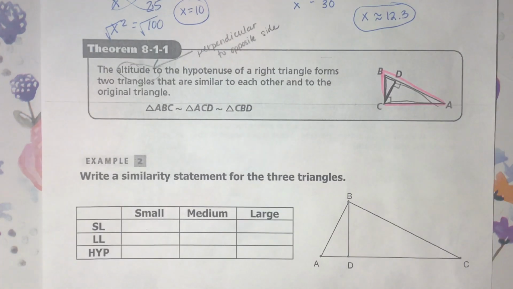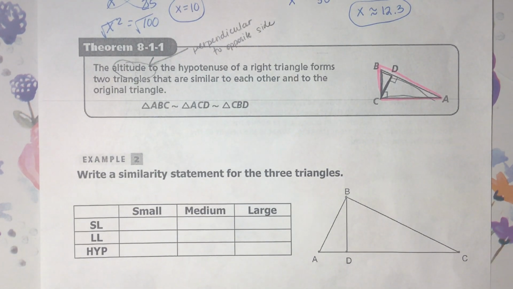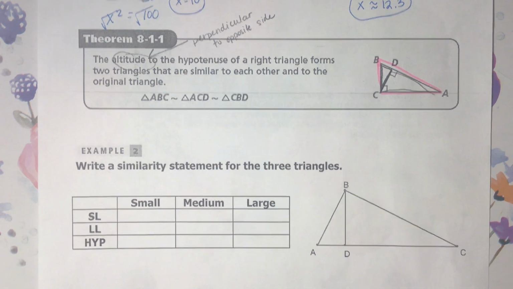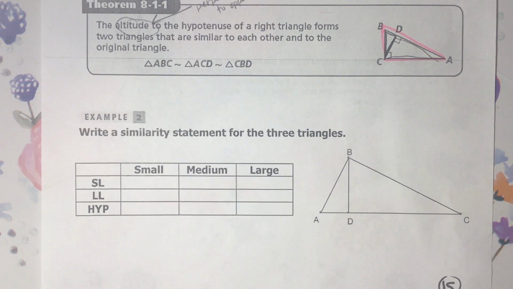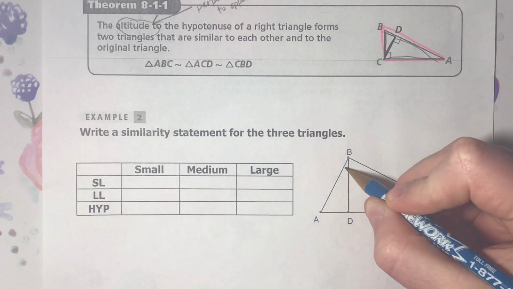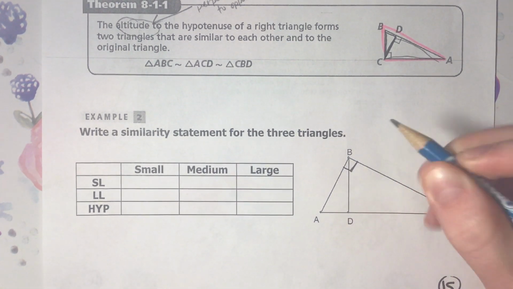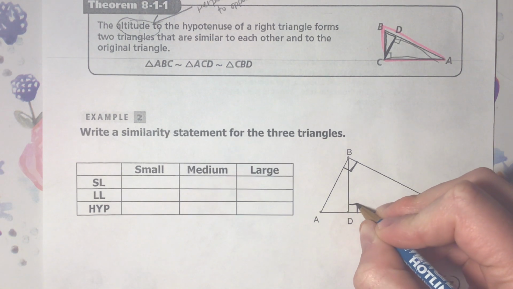In example 2, we want to write a similarity statement for the three triangles. First, I want us to identify what is the small leg, the long leg, and the hypotenuse of each triangle.